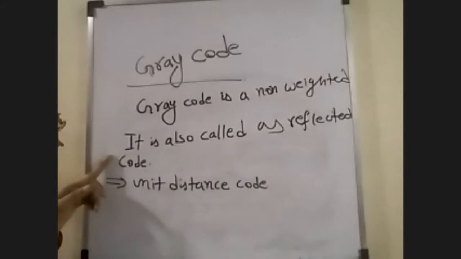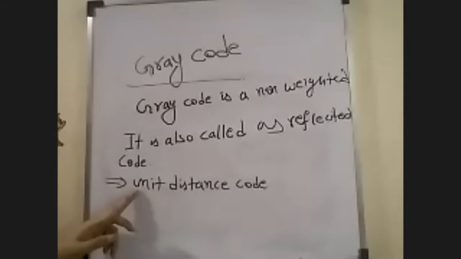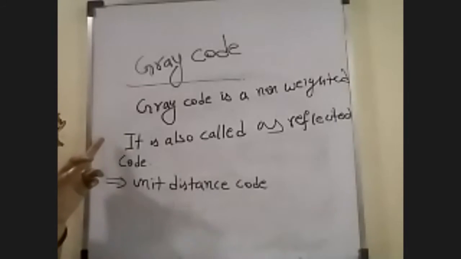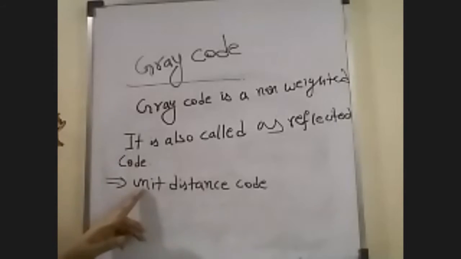It is also called a reflected code. It is also called a unit distance code. So this is the introduction to gray code representation.